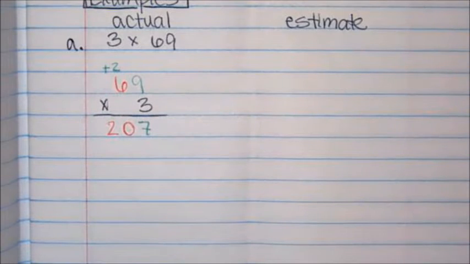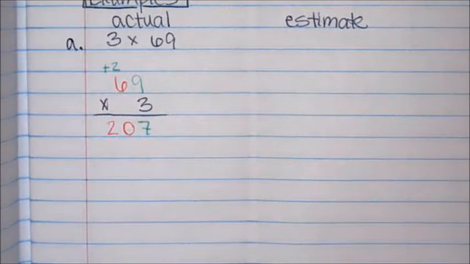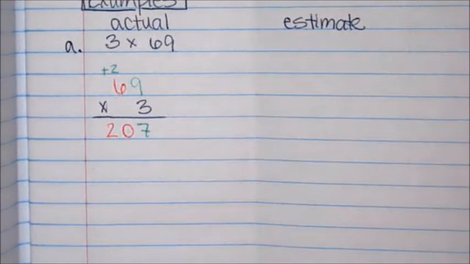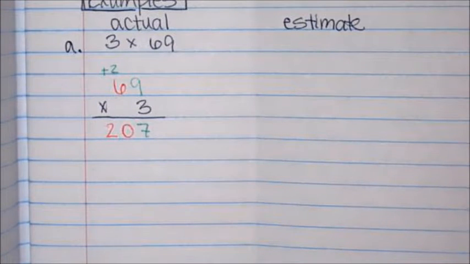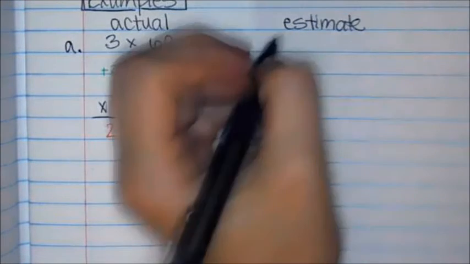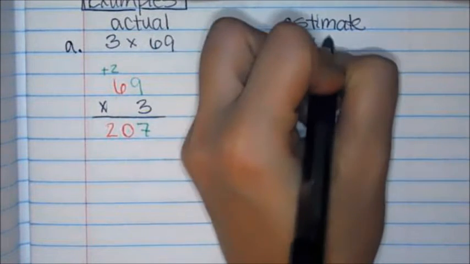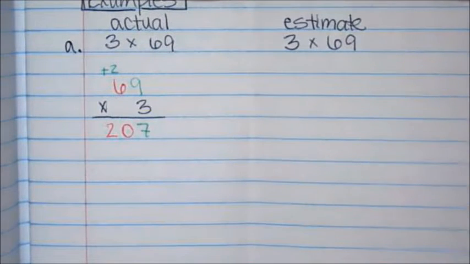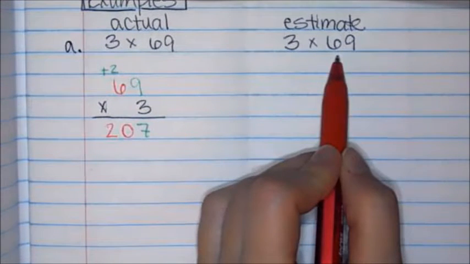But I don't know that that is exactly 100% correct. So what I need to do is an estimate. My actual problem is 3 times 69. So I'm going to estimate the 69 to the highest place value. That's how I'm choosing to do this.